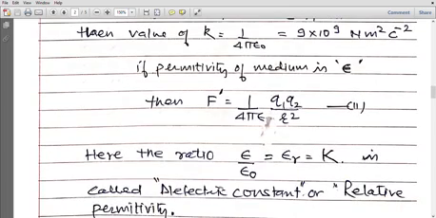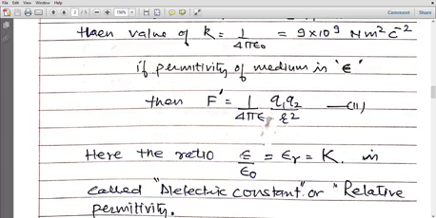Now, the ratio of the permittivity of the medium to the permittivity of free space is known as relative permittivity, or dielectric constant. So epsilon R or K is known as the dielectric constant or relative permittivity.